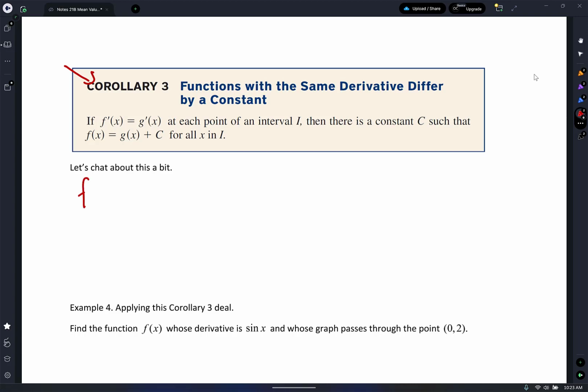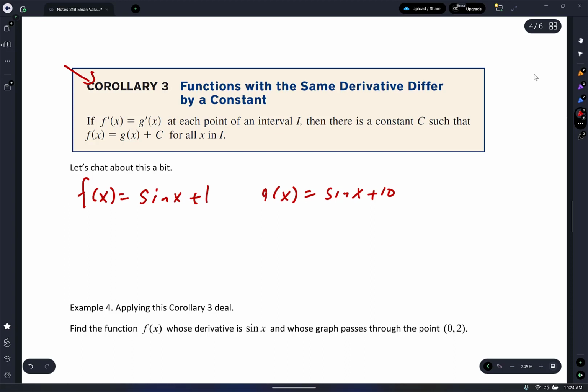Okay, look at this, guys. f of x equals sine x plus 1, g of x equals sine x plus 10, and h of x equals sine x plus 100.